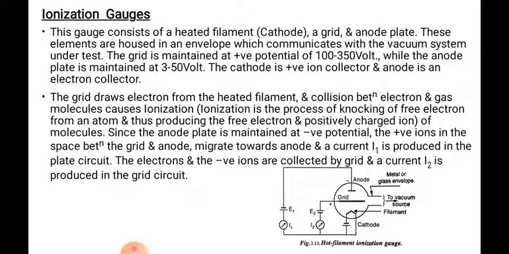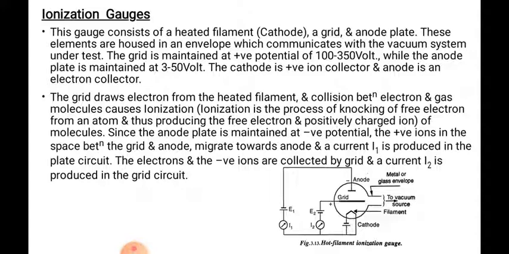The cathode plate is a positive ion collector and anode is an electron collector, because anode is negative and cathode is positive. So the electrons emitted will migrate towards anode, and the negative ions will migrate toward cathode.